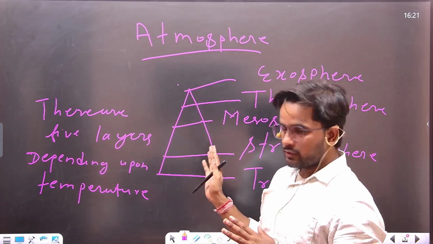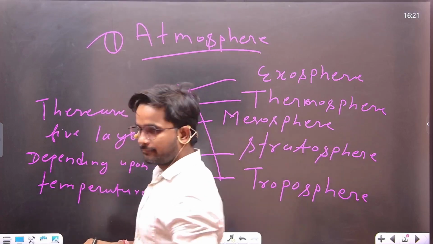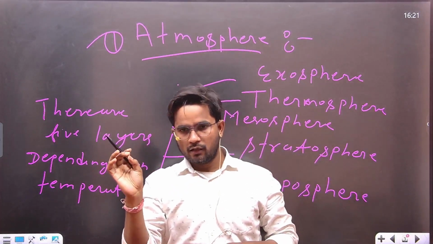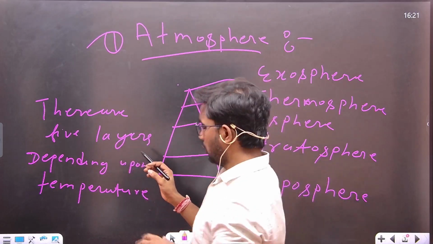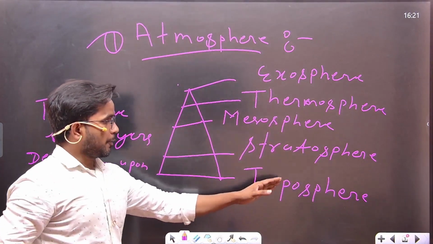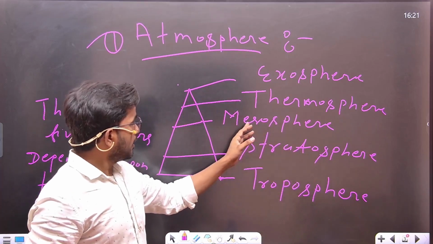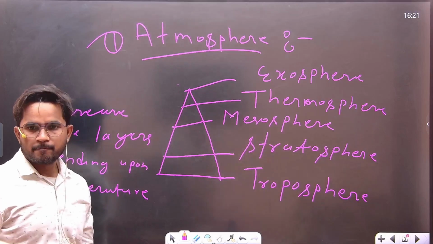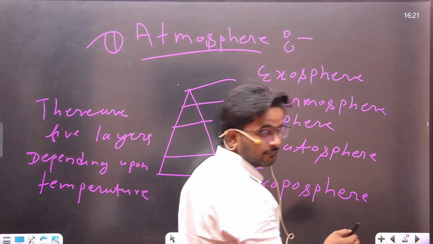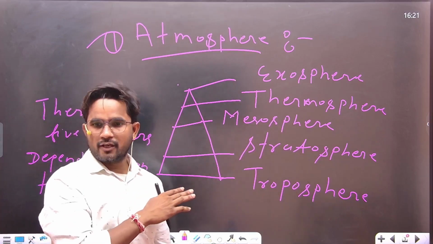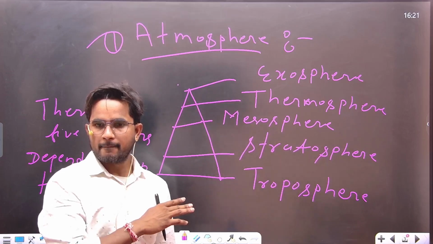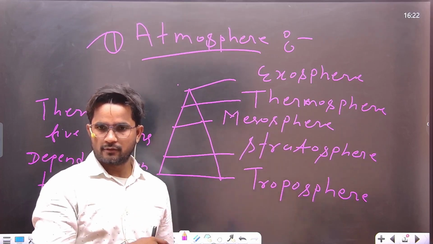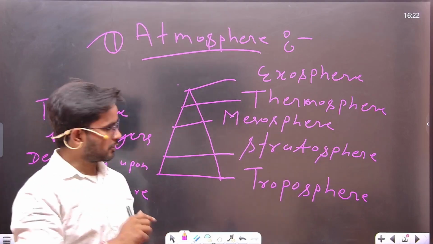So this is the atmosphere. The atmosphere has 5 layers. First, troposphere, stratosphere, mesosphere, thermosphere, and exosphere. Next, all students write what I write here. You can write. Have you done? Yes, next one.